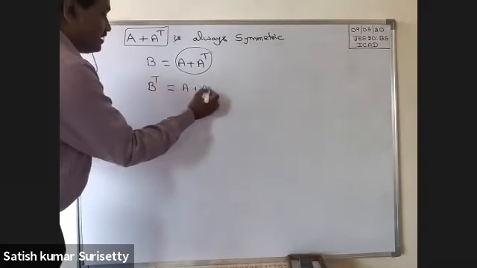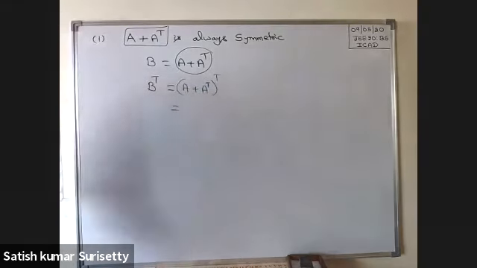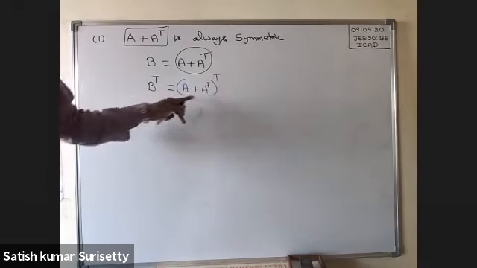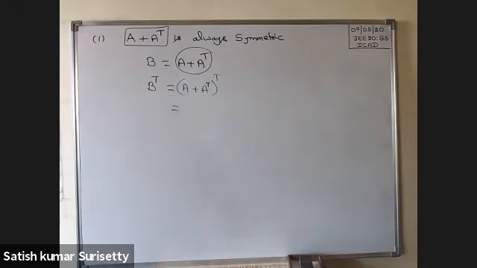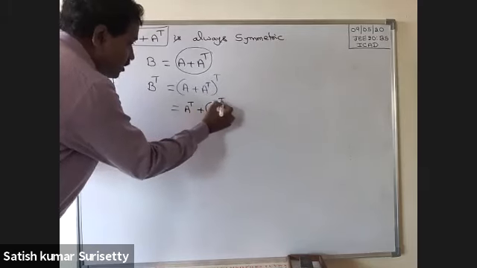A plus A transpose whole transpose. Previously I have written a property: the transpose of the sum of two matrices is equal to the sum of their transposes. That is A transpose plus A transpose whole transpose.